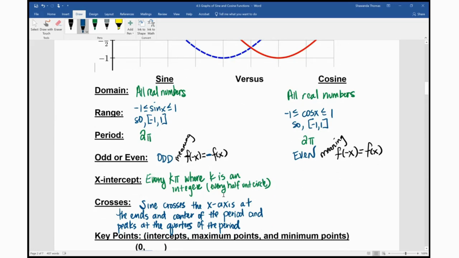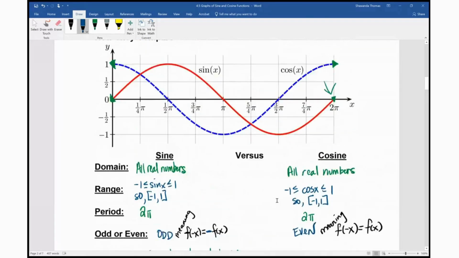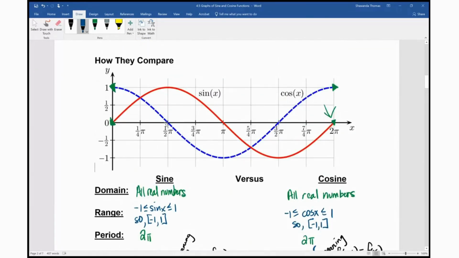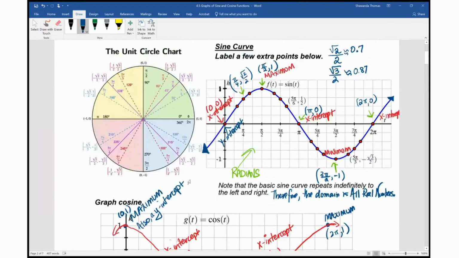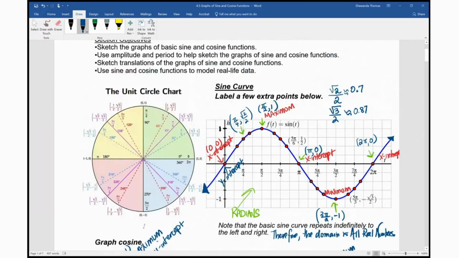All right, x-intercepts for cosine. We got pi over 2, we got 3 pi over 2. It skipped from pi over 2 to 3 pi over 2, so we added a whole pi. If you look at the unit circle and go all the way around, we added a pi.